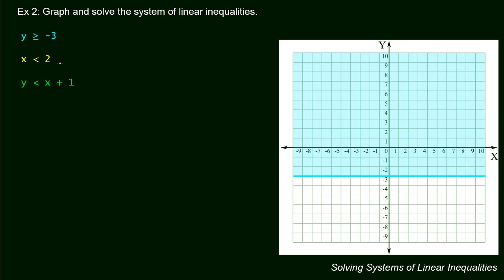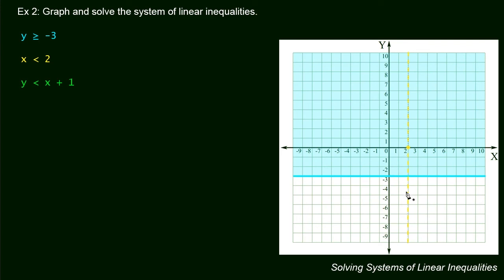Y is less than 2 is a vertical line going through the point 2, which is right over here, x equals 2. Since it's just less than 2 and not less than or equal to, this is going to be a dashed line, meaning that my solution would be any number that's less than 2 but not 2 or greater.